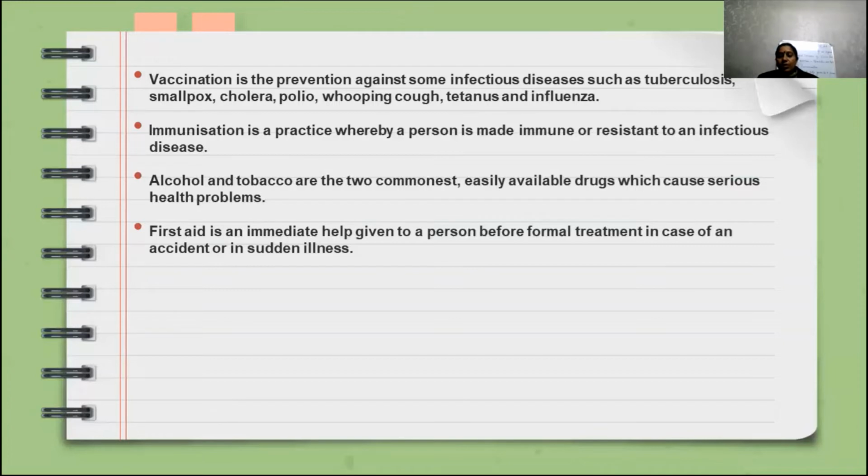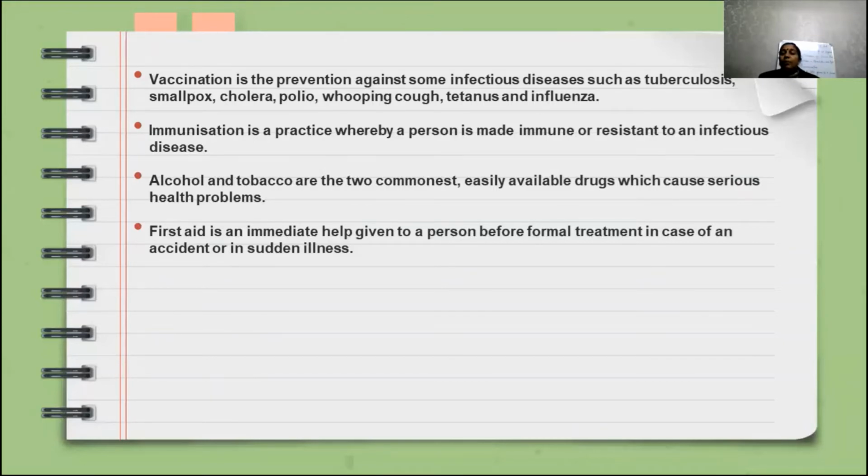Consumption of stale, rotten, or unhygienically stored food will cause food poisoning. Then direct or indirect contact, body fluid, and animal bites are the other causes of transmission of communicable diseases.